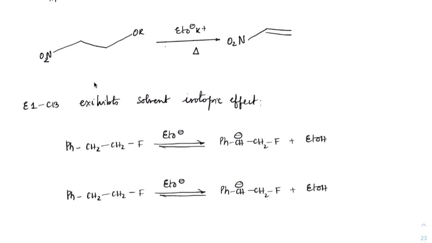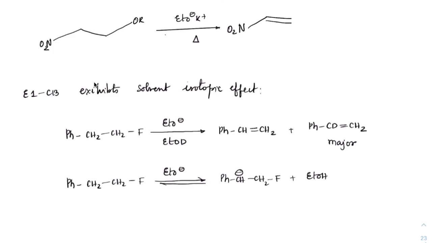In this overall reaction, we are taking EtO minus, and the solvent is EtOD, ethanol which contains deuterium. In that case, the products we are expecting would be PhCH double bond CH2, plus PhCD double bond CH2. Both these products can come, and usually the second one would be major.